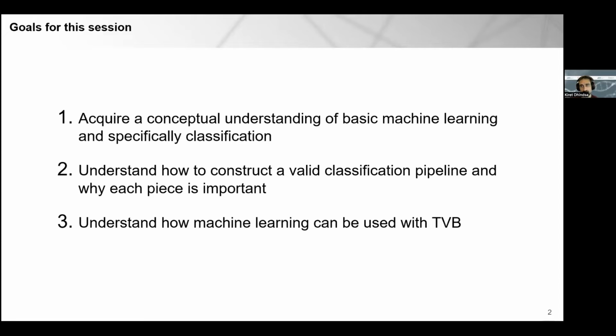And also for those of you who want to actually experiment with designing your own machine learning based experiments, or using something like TVB or brain modeling in general to perform these kinds of experiments yourself. And finally, we'll talk about some applications of machine learning with TVB.